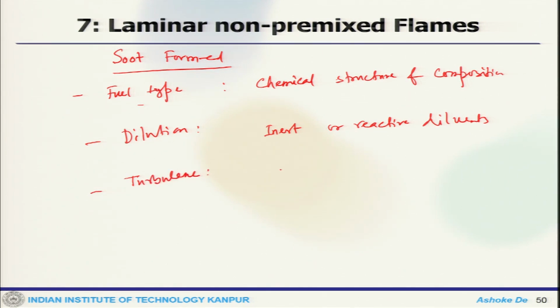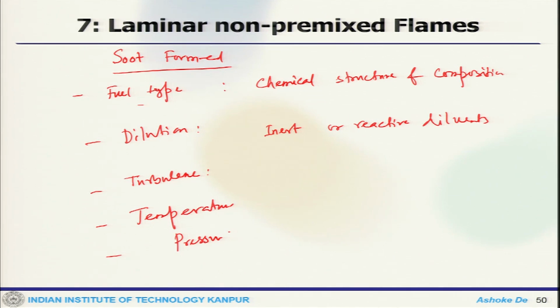The time scales are important, because once your flow field is turbulent, it has different time scales compared to the chemical time scale. Then obviously temperature and pressure are factors.